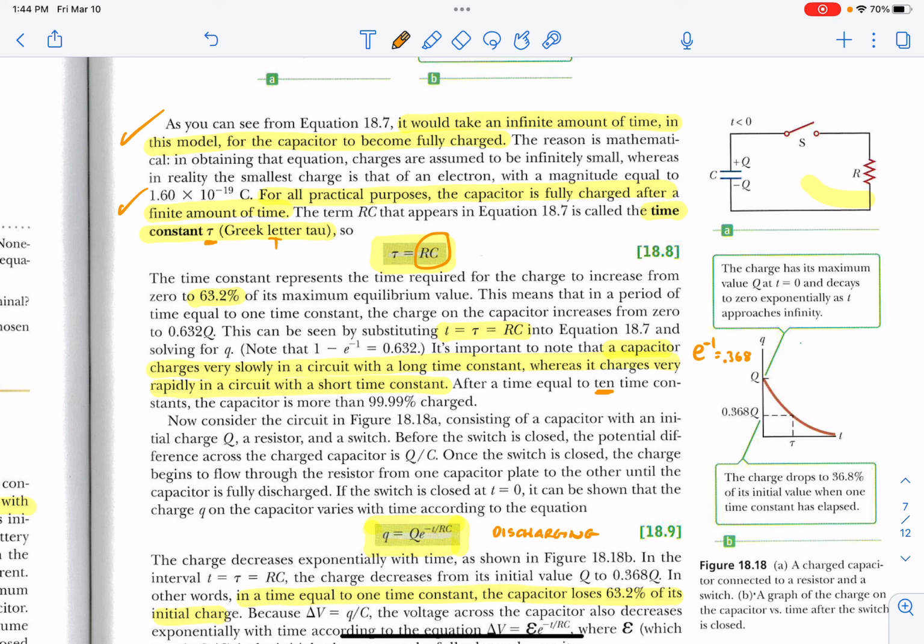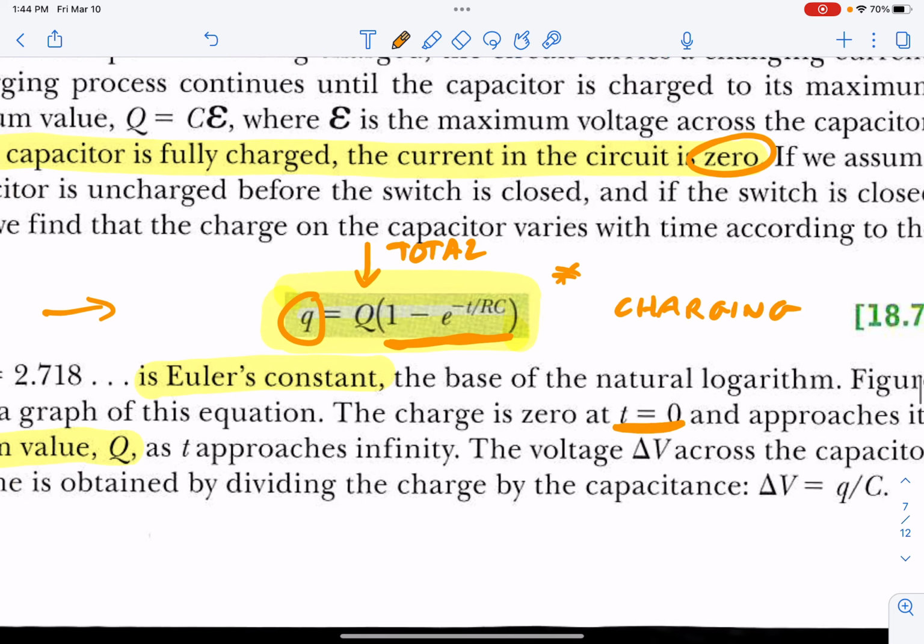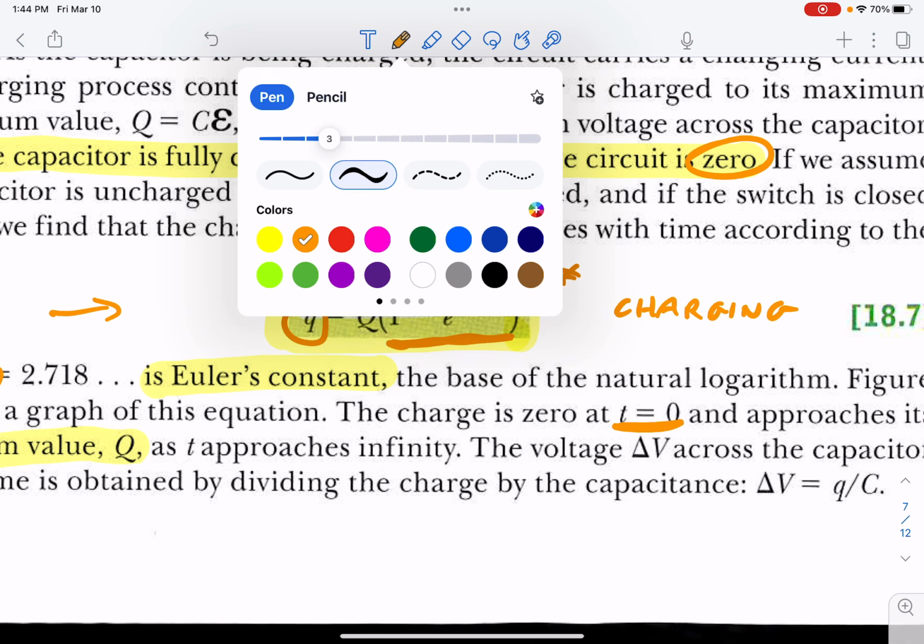And so in order for you to see where this value comes from, I'm going to go back to the original equation. I'm going to change colors here for a minute.